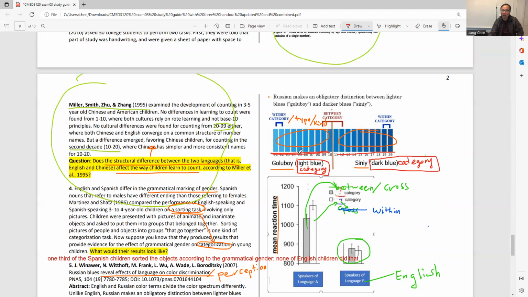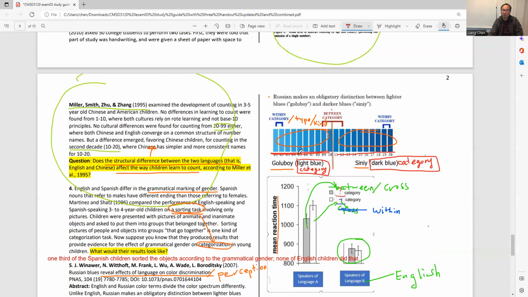And the colors on the right side all belong to the dark blue category. So they are within the same category. But if you pick one color from the left side and compare it with a color on the right side, you're comparing two shades of color that fall in different categories.